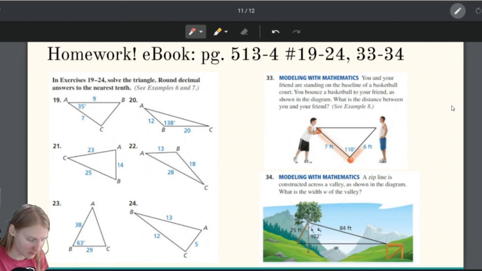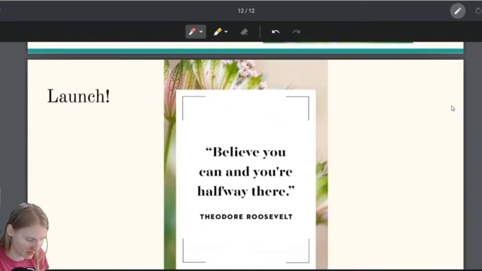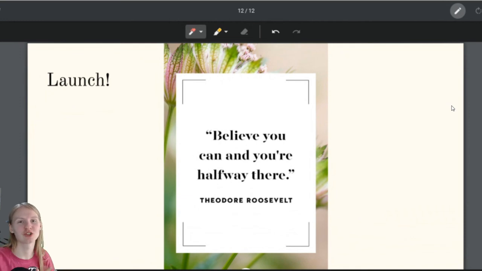All right, moving on to the last thing I have for you today, which is your launch. It comes from Teddy Roosevelt: Believe you can, and you're halfway there. I didn't realize how true this was until I started doing more things that I wanted to.